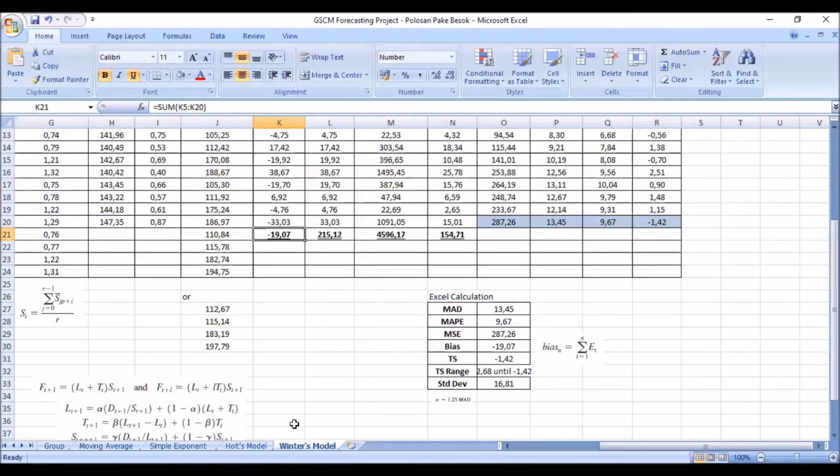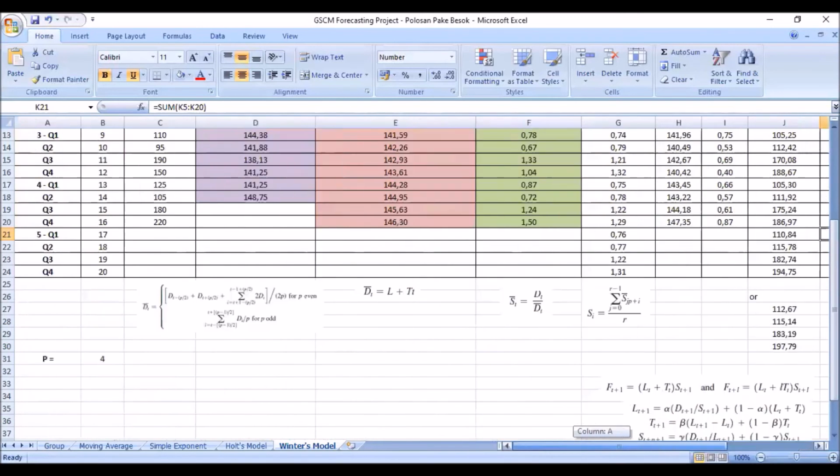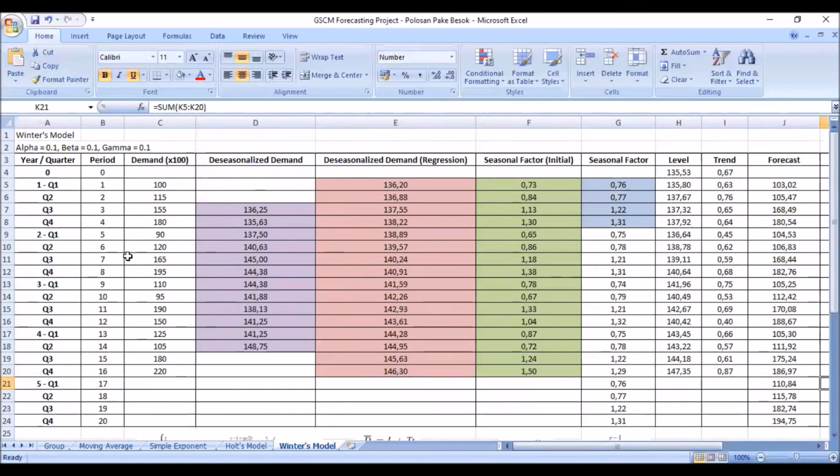And we also learned that it fits our data more, because the Winters model takes trend and seasonality into account, and so does our data. Because of that, we say that the Winters model is the most accurate one to be used.